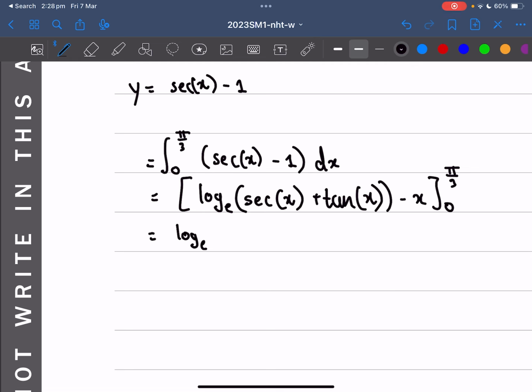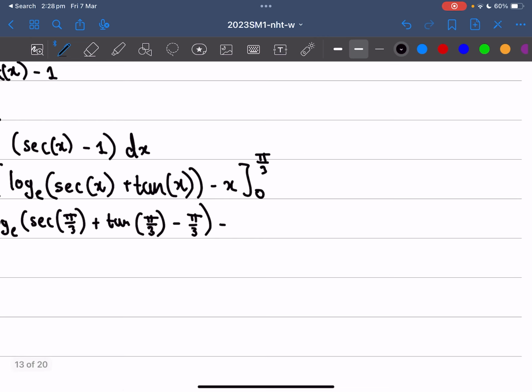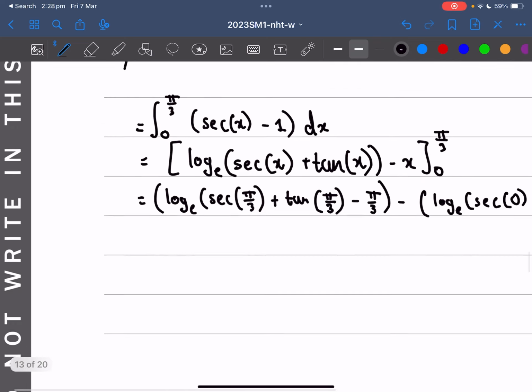So log of secant pi on 3 plus tangent pi on 3, take away pi on 3. And then now substitute 0 into everything. Secant of 0 plus tangent of 0, and then take away 0. So that would just be like that.